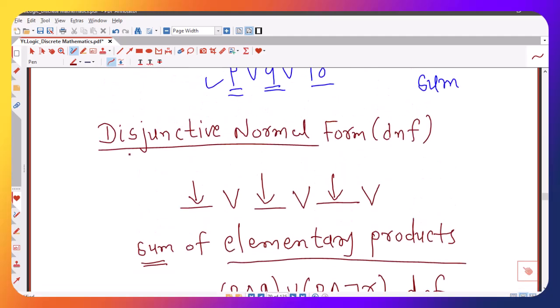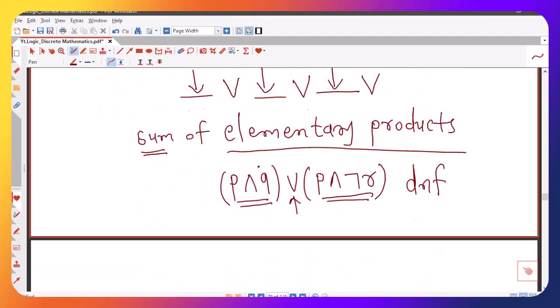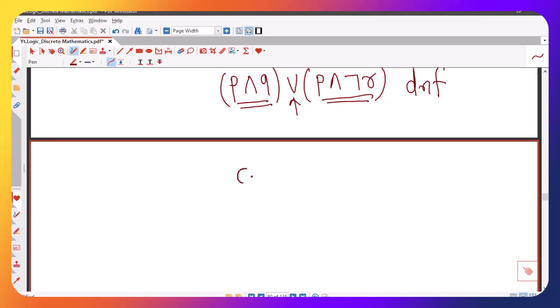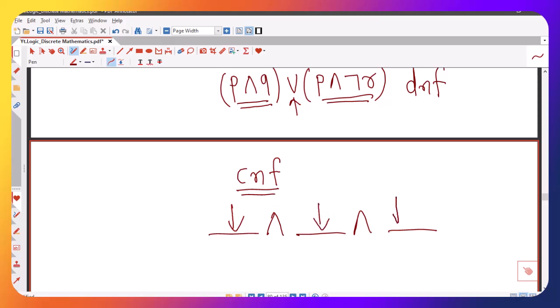Similarly, we can define conjunctive normal form. For conjunctive normal form we will use the word CNF. Here we are using the AND operator, and here we will have elementary sums.